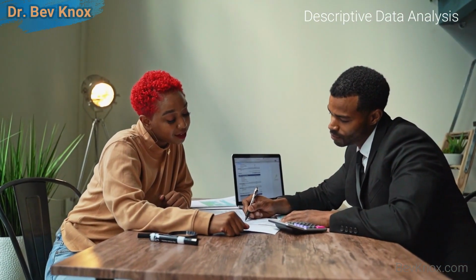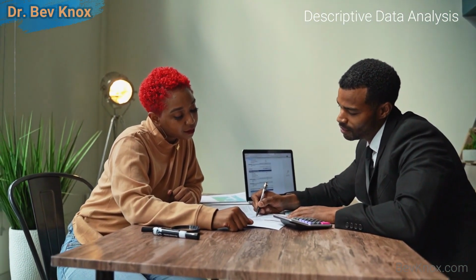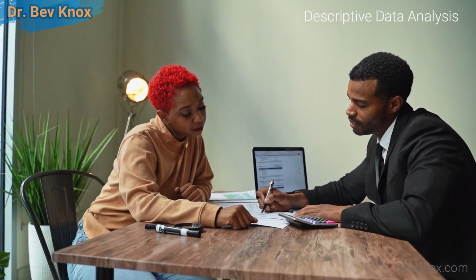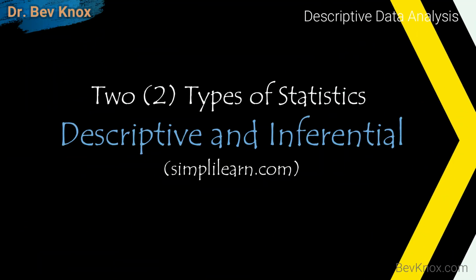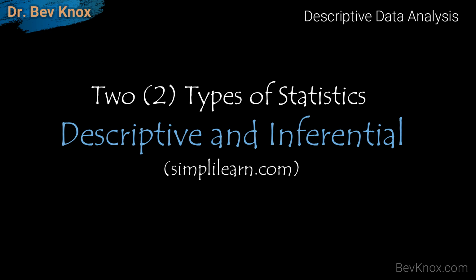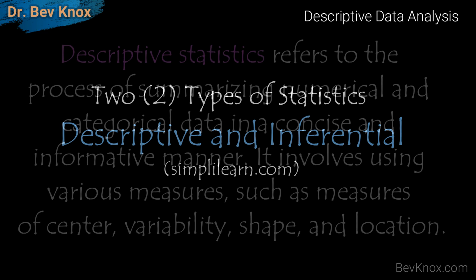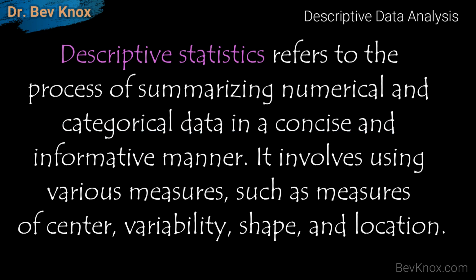Statistics are crucial for drawing general conclusions relating to a data set from a data sample. Statistics further break down into two types, descriptive and inferential. Descriptive statistics refer to the process of summarizing numerical and categorical data in a concise and informative manner.